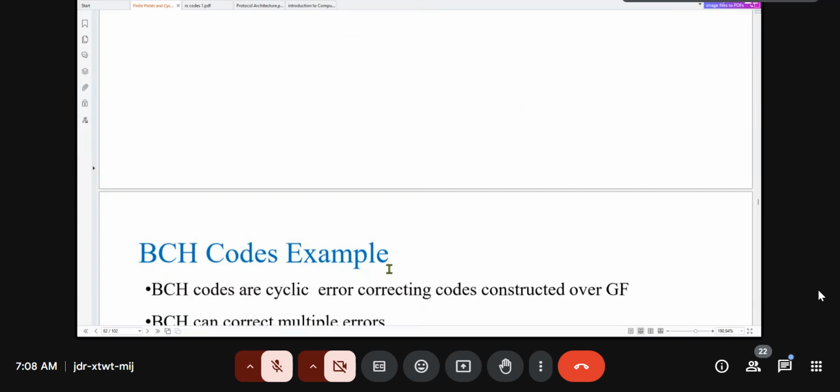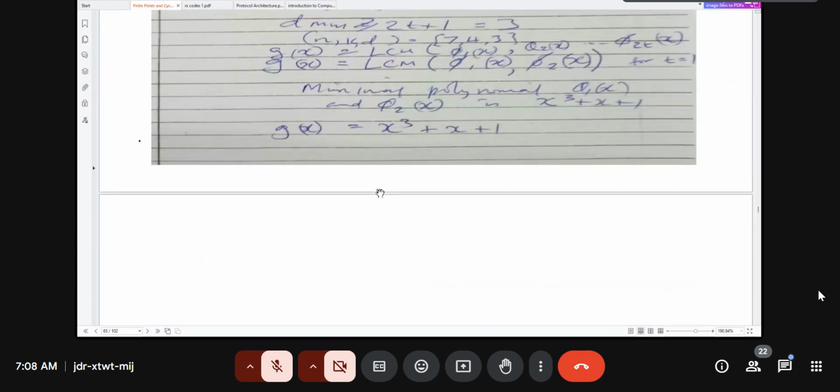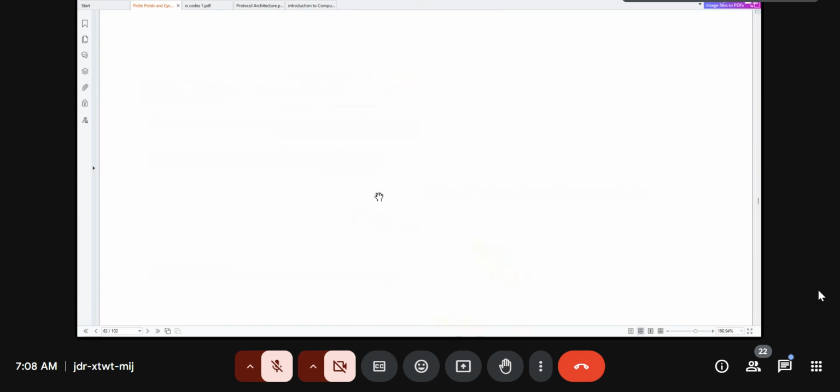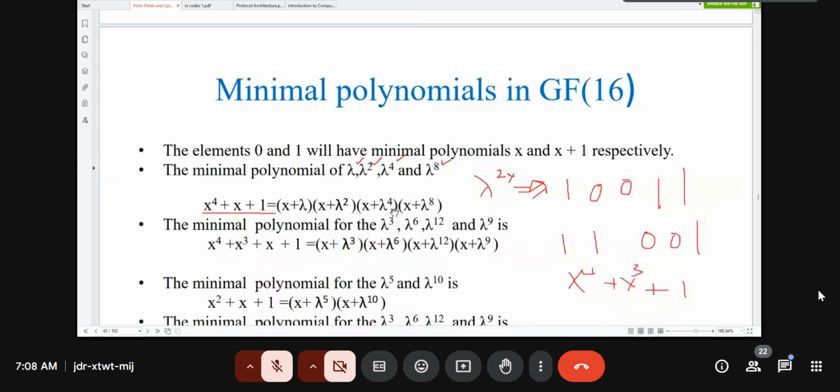I'm just trying to recap what we did. We looked at the case where you're trying to correct a single error correcting BCH code, and we found the difference, whatever number of errors you want to correct, is the number of minimal polynomials which you are going to use.